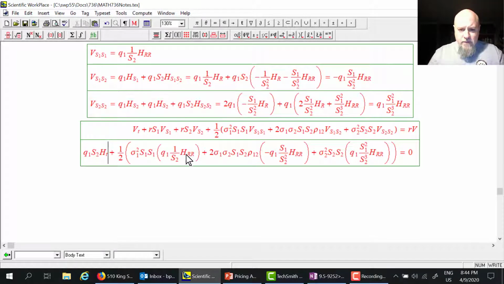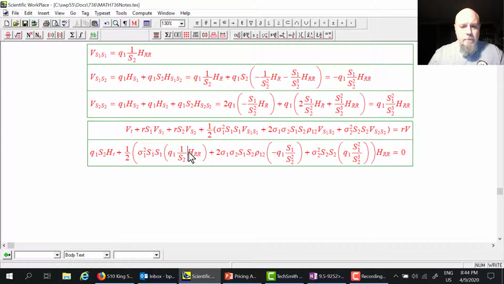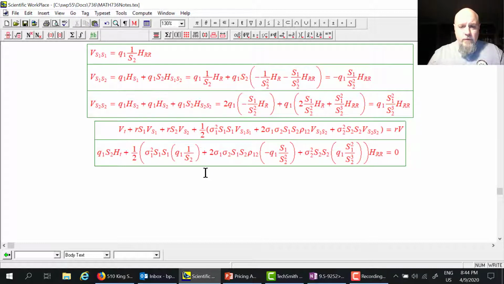I've got three pieces here with this H sub RR. Let's do some tidying here with this H sub RR. In fact, I think I can just factor that H sub RR right out of this huge bracket. So let's do that. I'm going to take this all the way to the outside, to each one of these. Now, is there any other cleaning up?